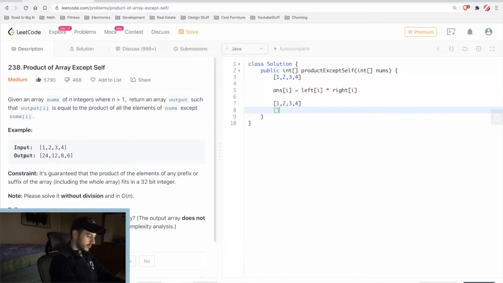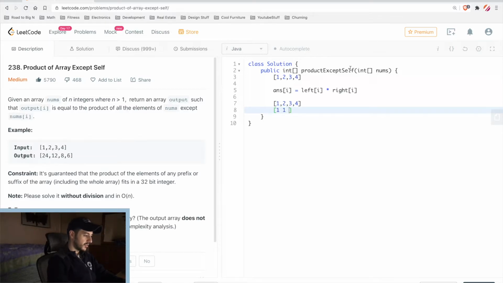we will calculate our left side array, which will calculate all the products coming from the left. So here, for the first spot, it'll start with 1. And for the next spot, we'll say take left at i minus 1, which is 1 here, and then nums at i minus 1, which is 1 here, and that'll be 1.